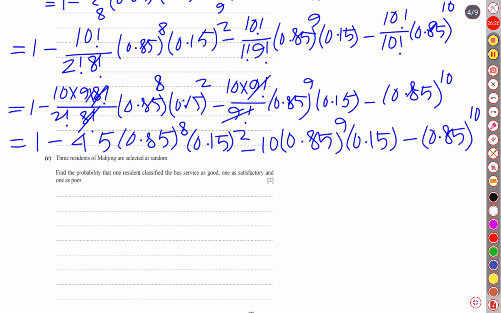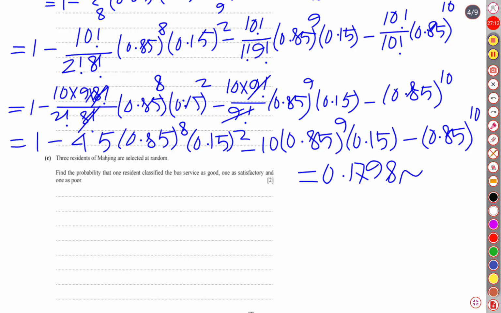Now using our calculator, we will get our probability. Let me use my calculator: 1 minus 45 into 0.85 raised to 8 into 0.15 squared, minus 10 into 0.85 raised to 9 into 0.15, minus 0.85 raised to 10, equal to 0.1798.